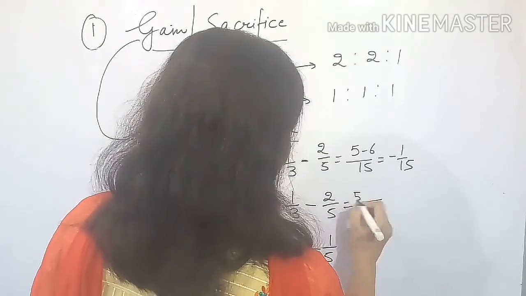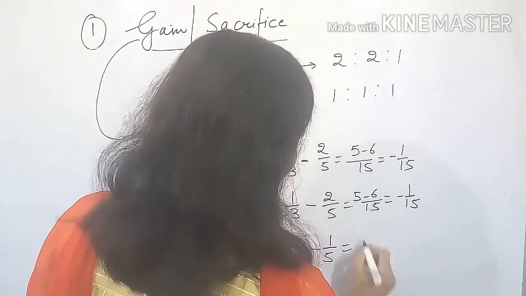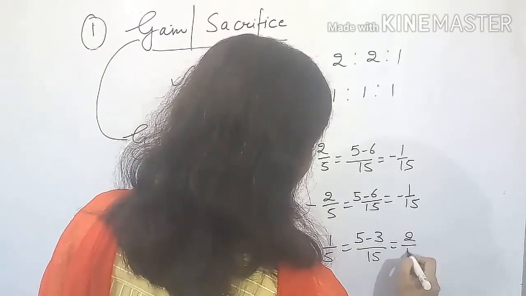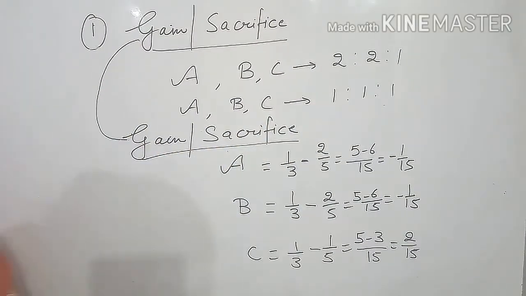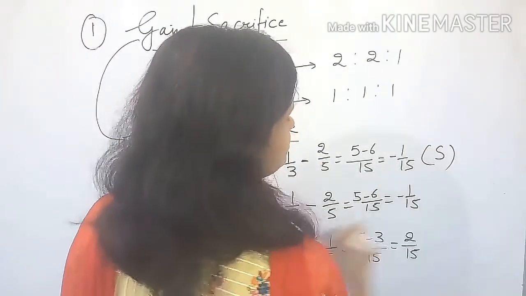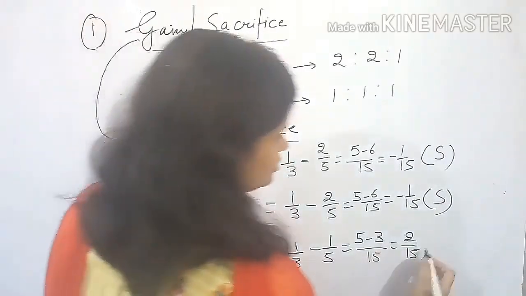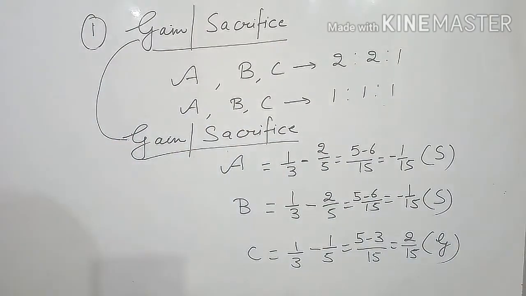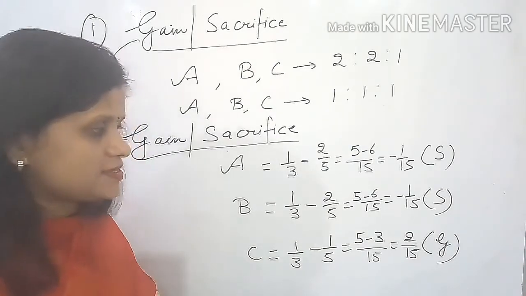Again 5 minus 6, minus 1 by 15. For the third, 5 minus 3 by 15, it is 2 by 15. You can easily identify who is gaining and who is sacrificing. A is sacrificing, B is sacrificing, and the total gain of C will be 2 by 15. This is how you can calculate gain and sacrifice due to change in PSR.